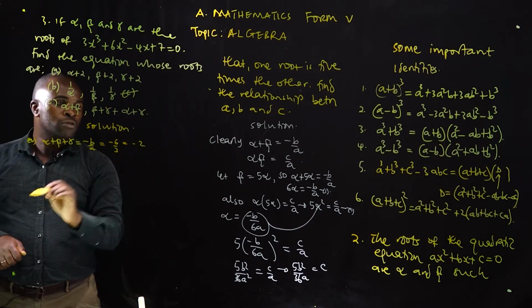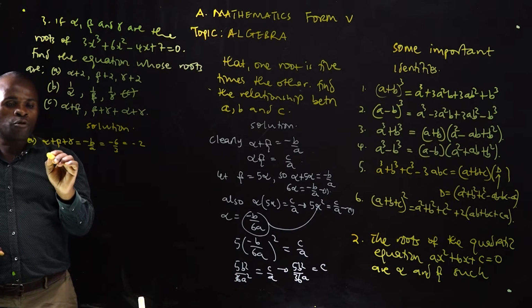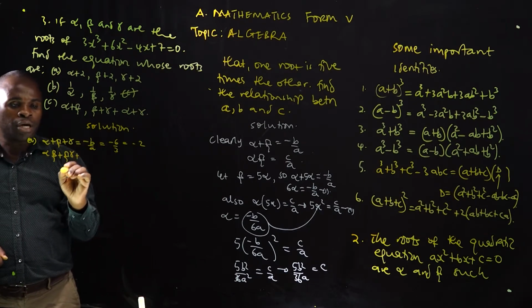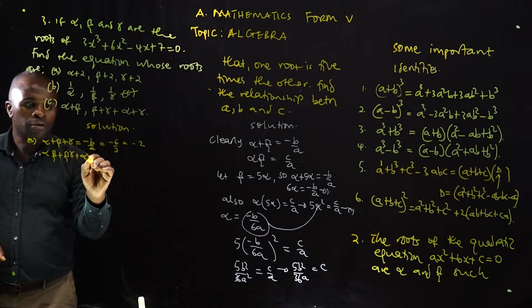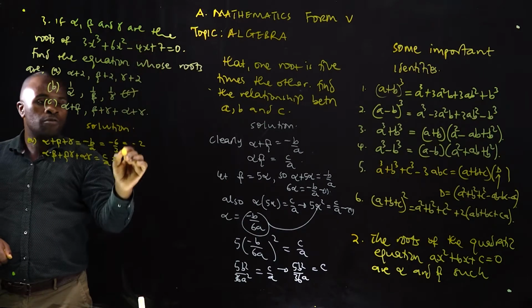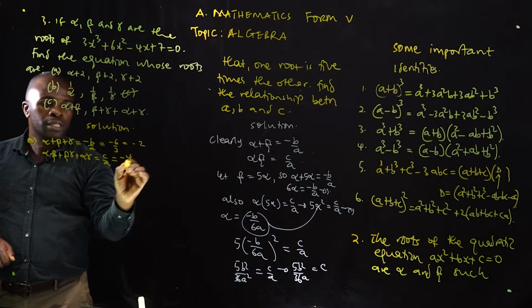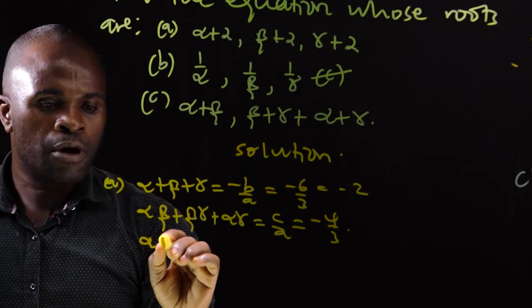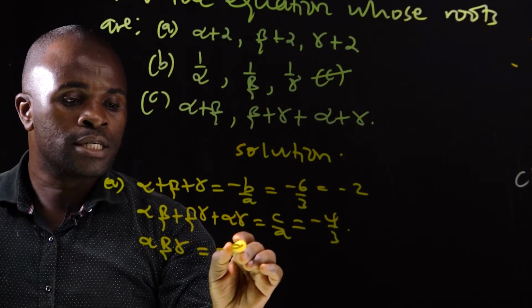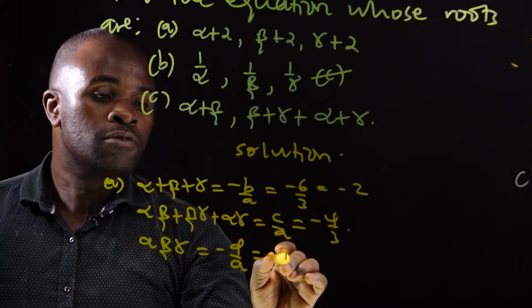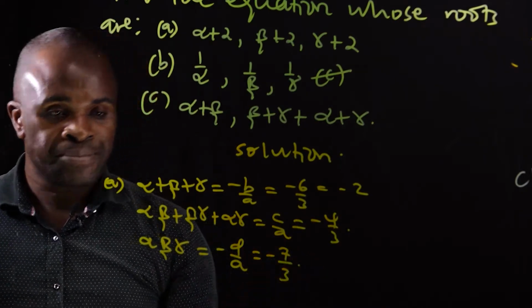This is negative 2. Again, taking the sum of pairs, alpha beta, beta gamma, alpha gamma, this is c over a. So from this, negative 4 over 3. In the same way, finding the product, alpha beta gamma, negative d over a, this becomes negative 7 over 3.